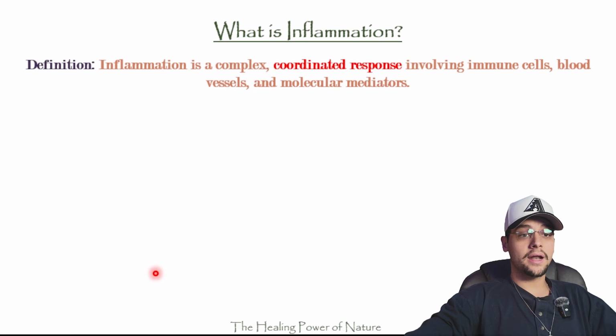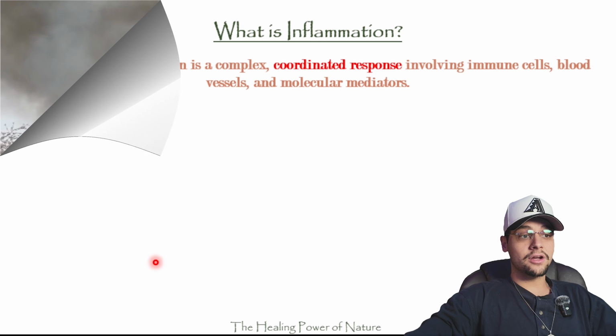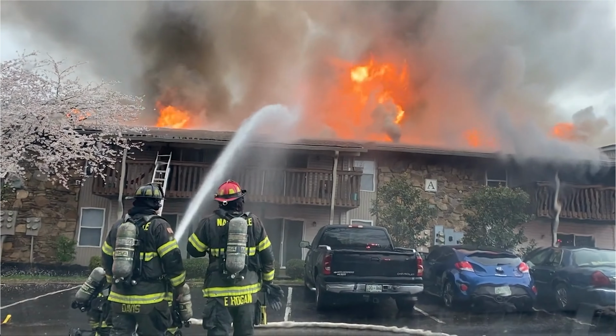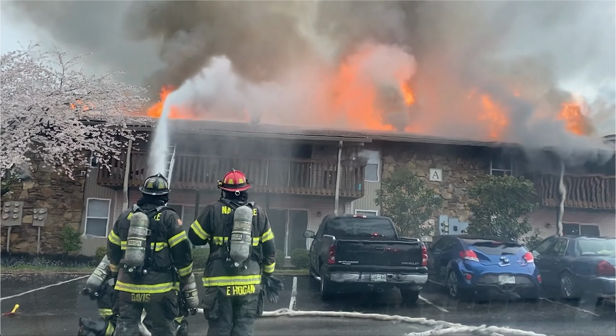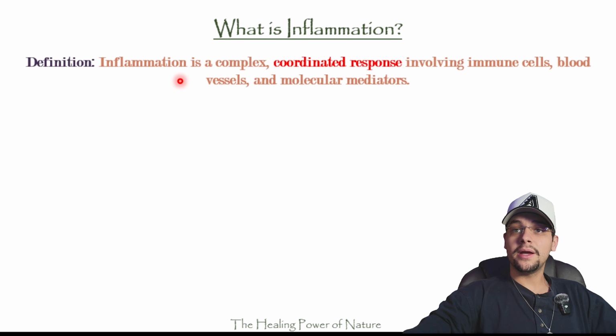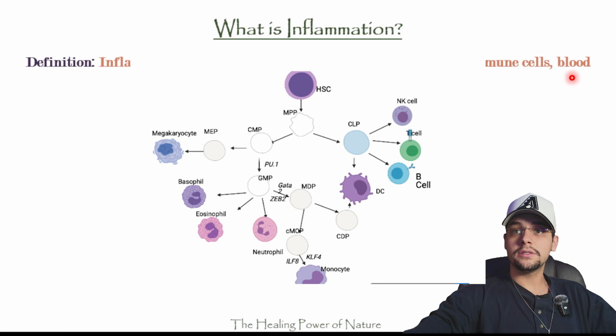However, just as an overzealous emergency response team can cause unnecessary destruction, think of water damage from overused fire hoses or reckless police actions, excessive or uncontrolled inflammation can lead to chronic diseases like autoimmunity, tissue destruction, etc. Inflammation is a complex, coordinated response involving immune cells, blood vessels, and molecular mediators.